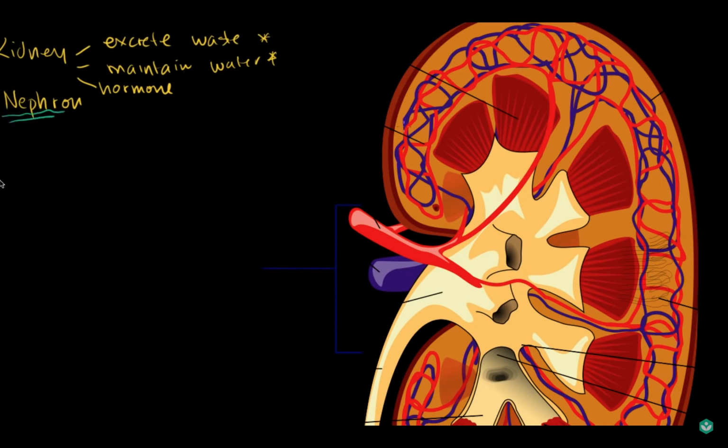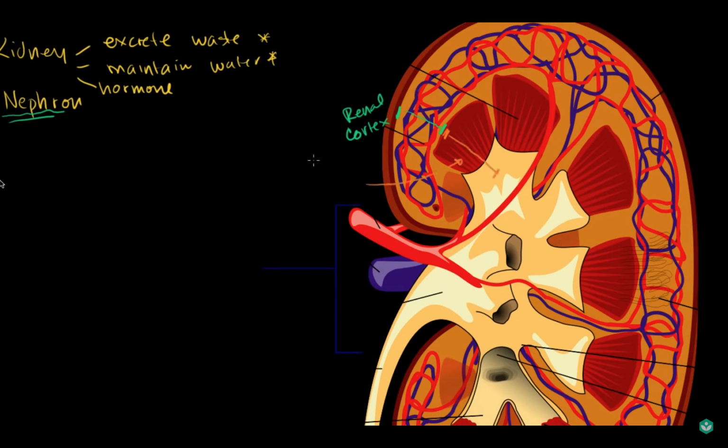This area right here, from here to here, this is called the renal cortex. Whenever we talk about something with the kidney, if you hear renal anything, that's referring to the kidney. So this is the renal cortex, that outer part. And then this area right here is the renal medulla.